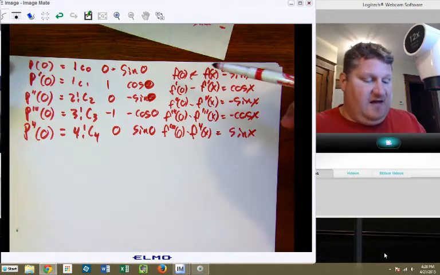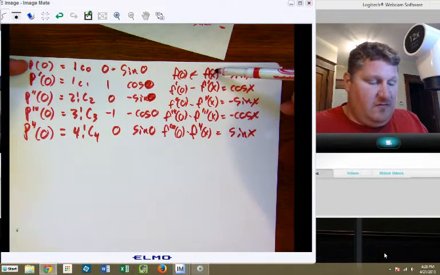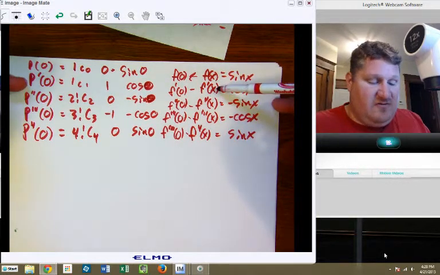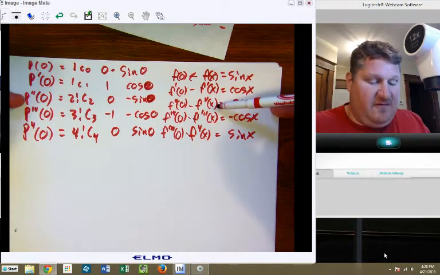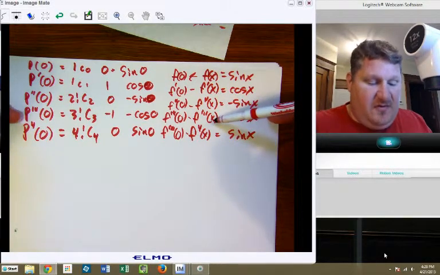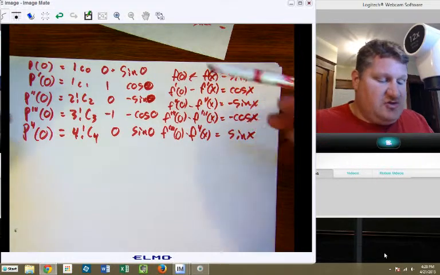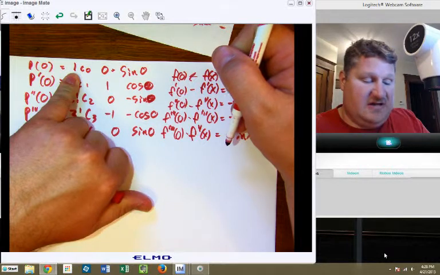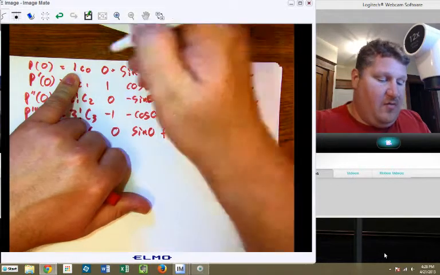So in this case, I have the original power function and the original function, the derivative of the power function and the derivative of the function, the second derivative of the power function and the second derivative of the function, third derivative of the power function and third derivative of the function, etc. So that means that whatever this constant or coefficient is here has to equal what's plugged in here.